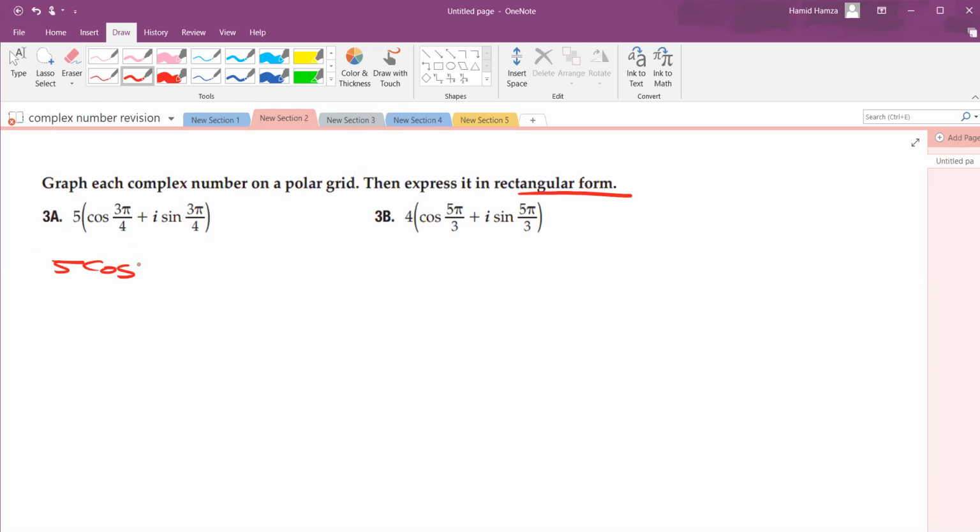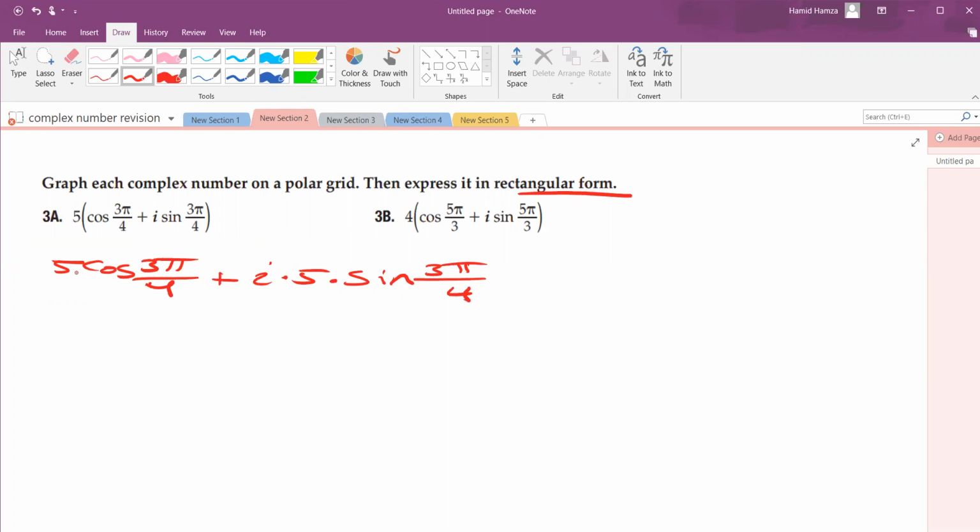So it will be 5 cosine 3 pi over 4 plus i multiplied by 5 multiplied by sine 3 pi over 4.